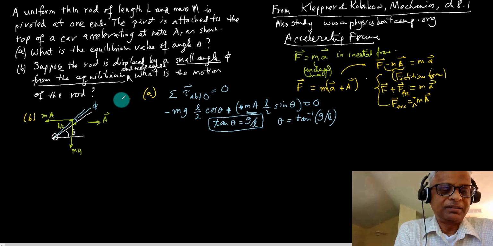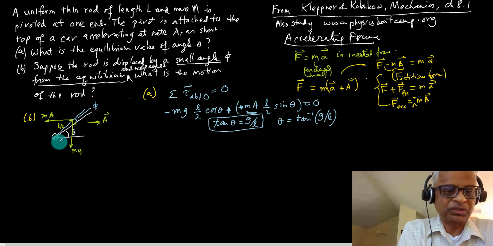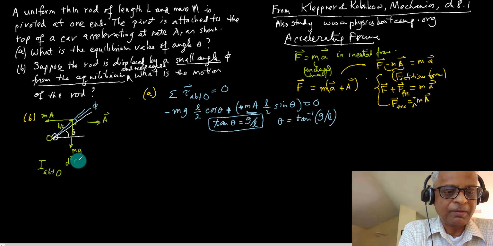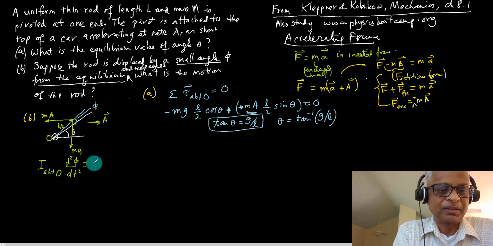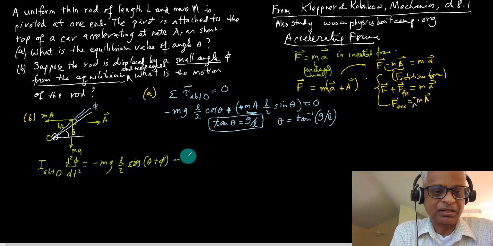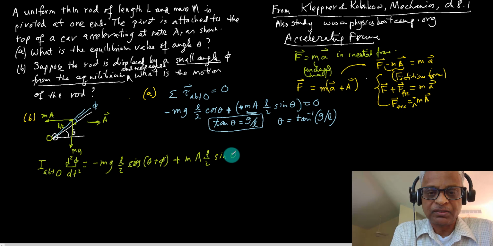This time it's not going to be equilibrium, so I'm going to have the moment of inertia about O, I about O, times d squared phi dt squared, equals minus mg L over 2 cosine of theta plus phi, plus ma L over 2 sine of theta plus phi, and phi is small.